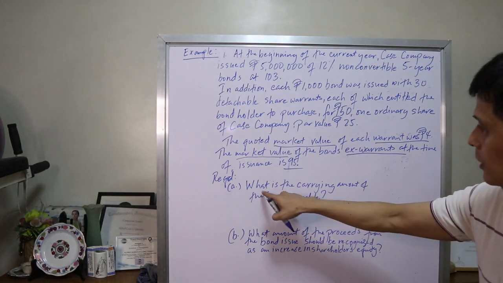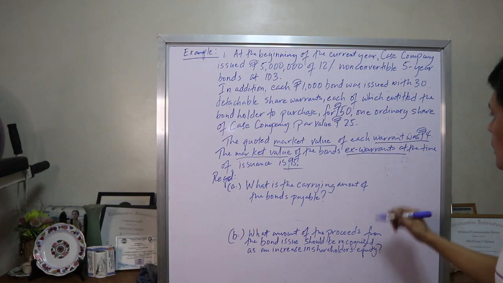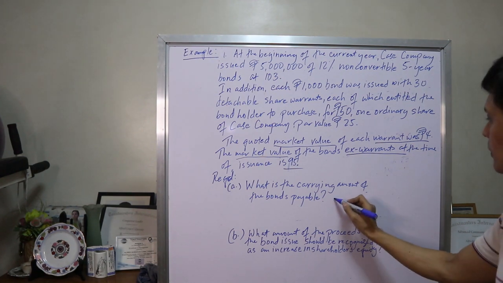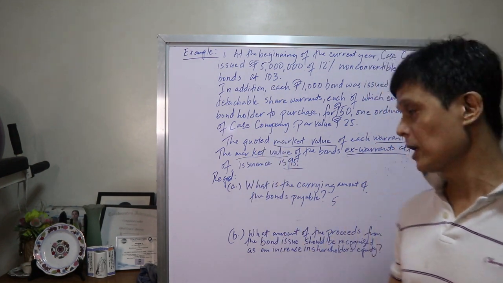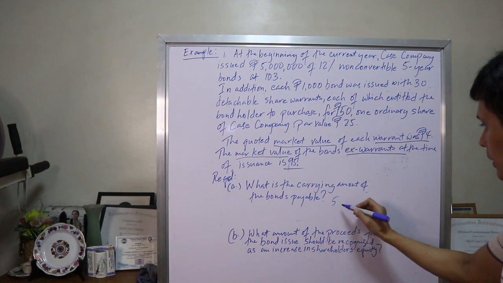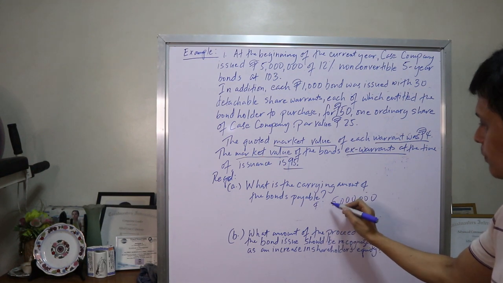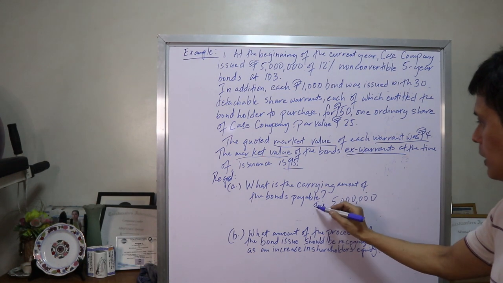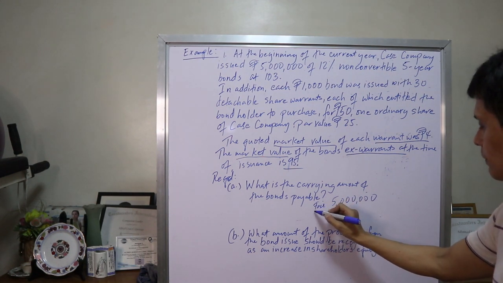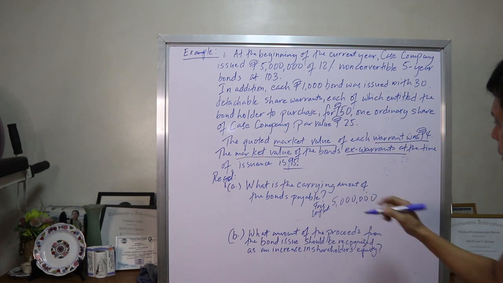So the question here for letter A is, what is the carrying amount of the bonds payable? So kung yung total niya is 5 million, no? Incidentally, if you want to check out yung video about bonds payable, there's a link I placed somewhere in this video. So this is 5 million. This is the face amount of the bonds, no? Okay, so this is 5 million.